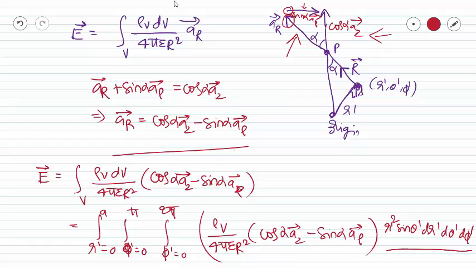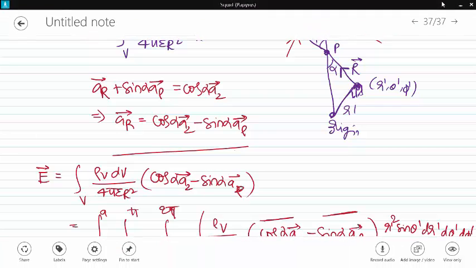Now we can break this integral into two integrals, one with cos alpha az bar, one with sin alpha a rho bar.